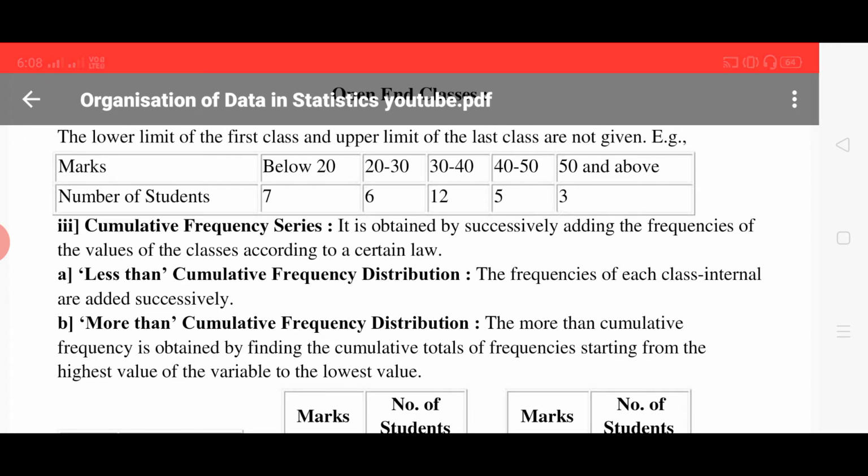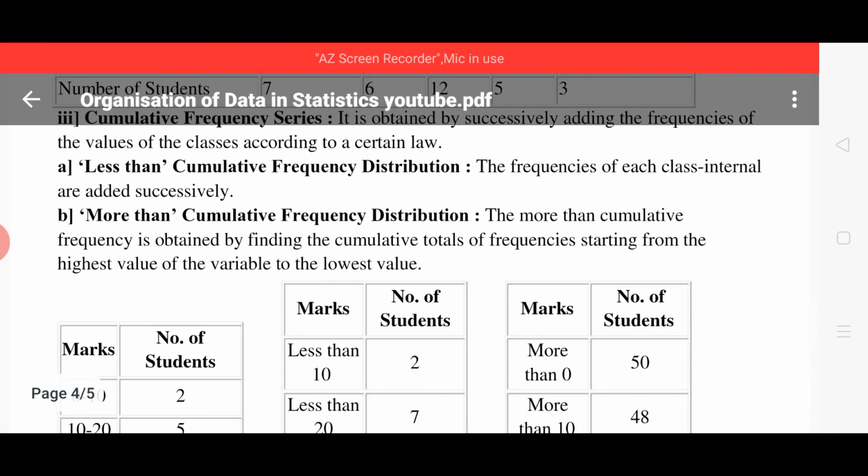Less than cumulative frequency distribution: the frequency of each class interval is added successively. More than cumulative frequency distribution: it is obtained by finding the cumulative totals of frequency starting from the highest value of the variable to the lowest one.